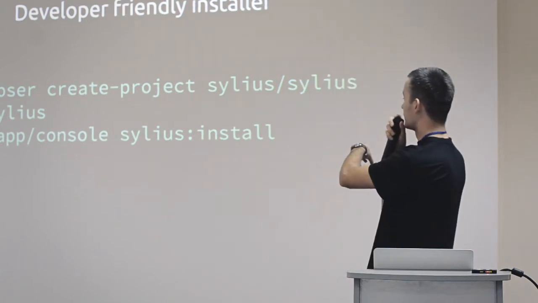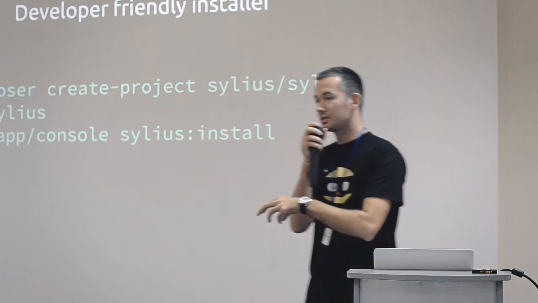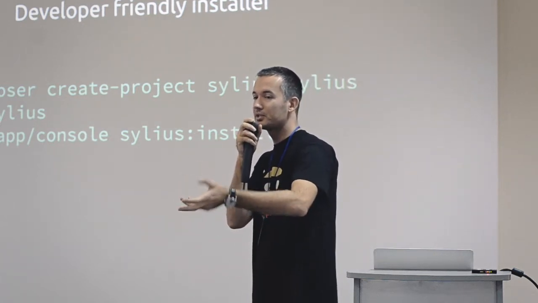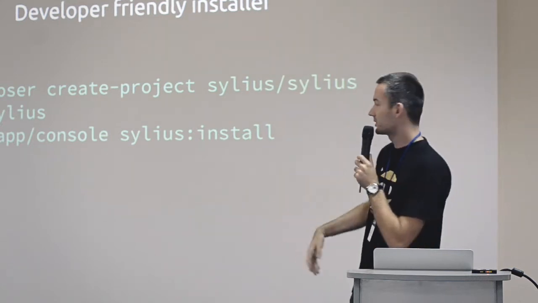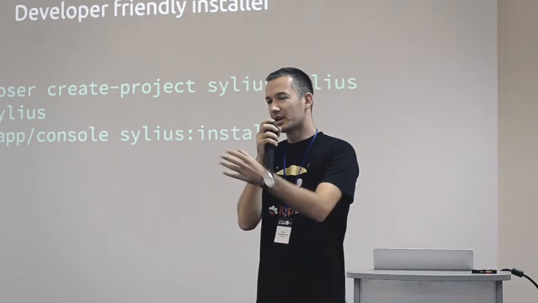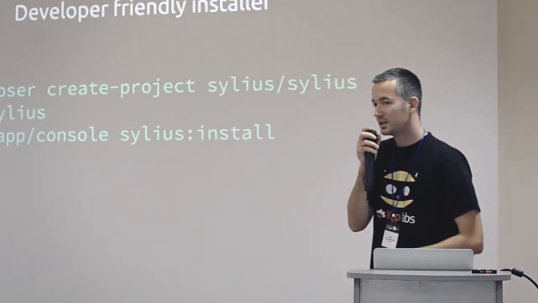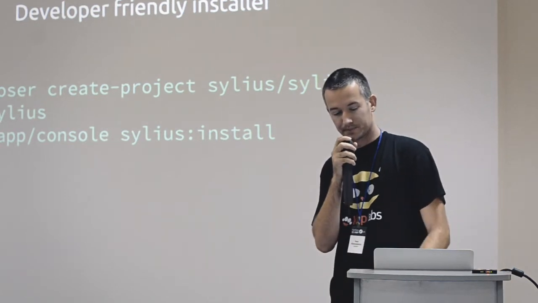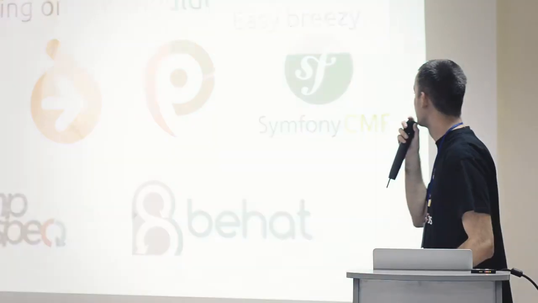Versus if you're using Sylius, it will be in your src directory, which is handy if you want to submit a patch, because all fixes and pull requests are submitted against Sylius. And then we have a script that splits that tree and pushes to each individual component and bundle repository. So the installation is pretty easy.